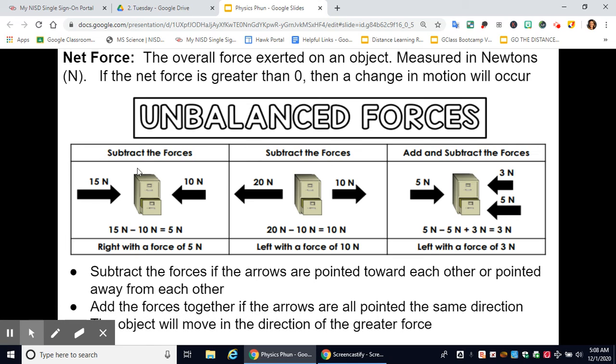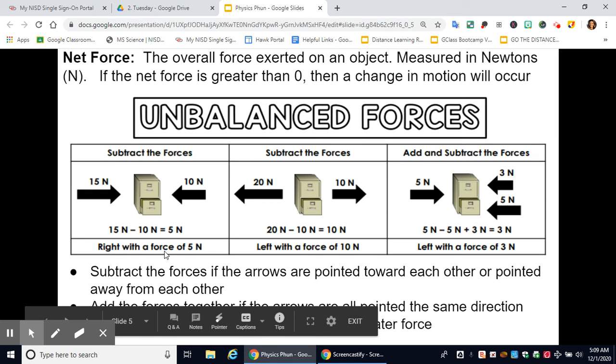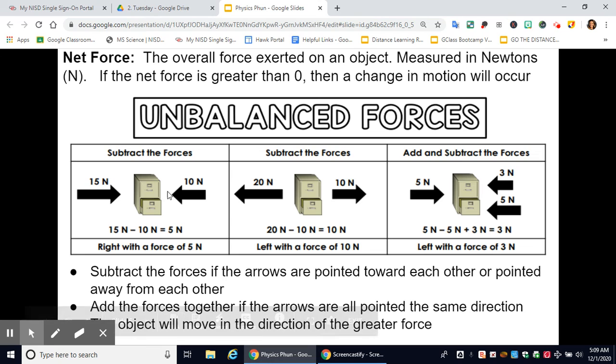So let's look. If we have 15 newtons of force to the right and then 10 newtons of force to the left, 15 subtract 10 would be 5 newtons of force. So that's greater than 0, so we understand the object's going to move. And it's always going to move in the direction of the greater force. So we would say that the file cabinet is going to move to the right with a force of 5 newtons because it's going to go in the direction of the greater force. 15 is greater than 10.